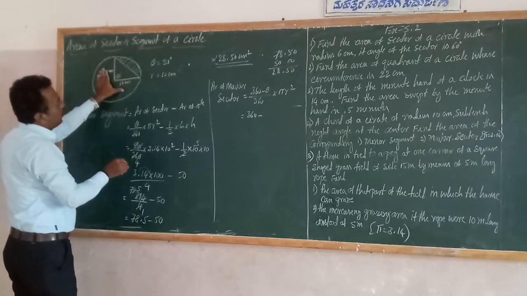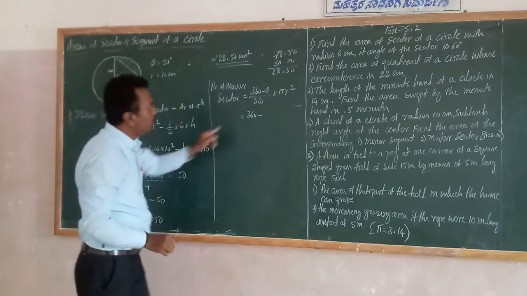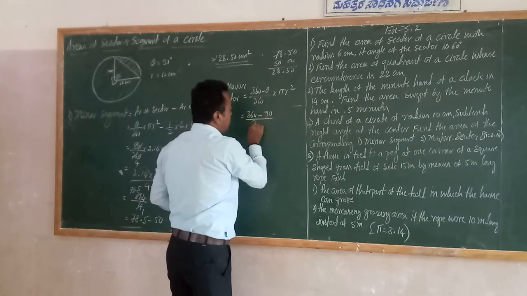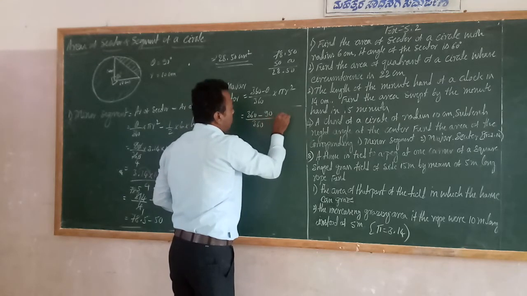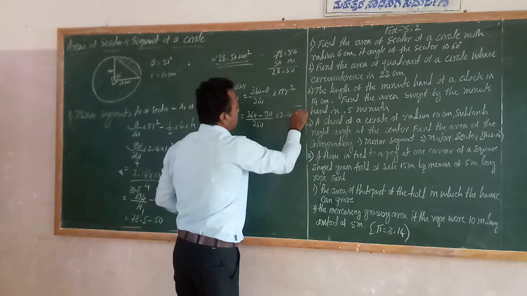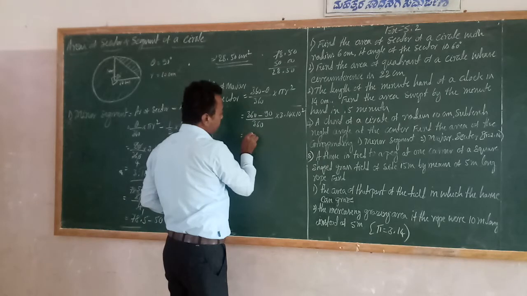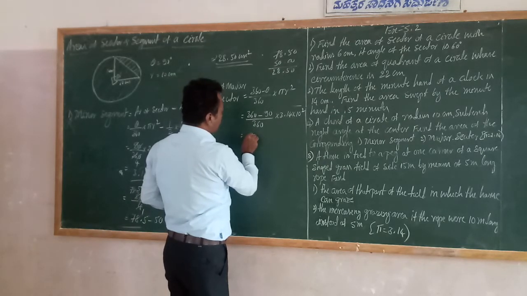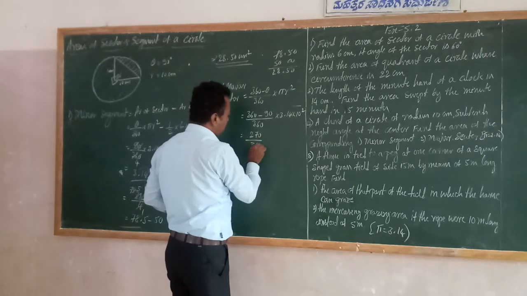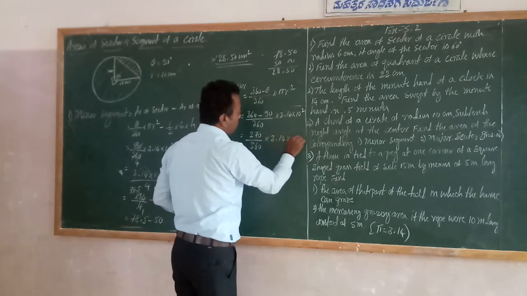If we find out this area, it will be 270 degree. Yes or no? So 360 minus 90 divided by 360 into 3.14 into r square, 10 square. 360 minus 90 means 270, 270 by 360, into 3.14 into 10 square means 100.